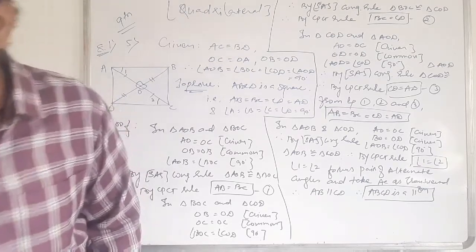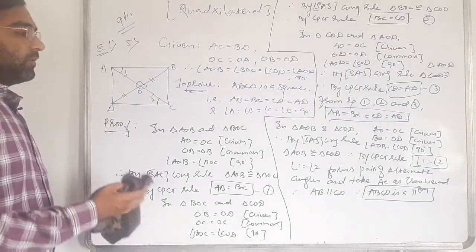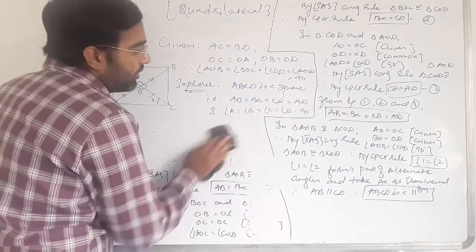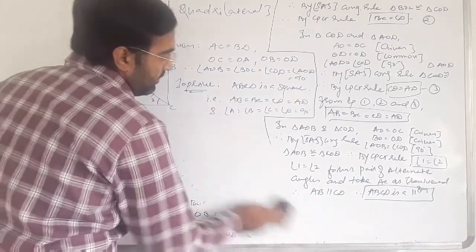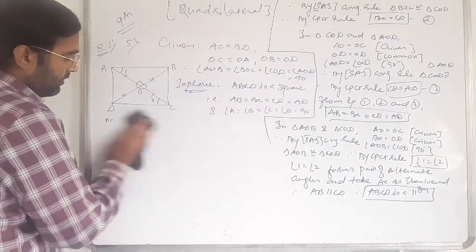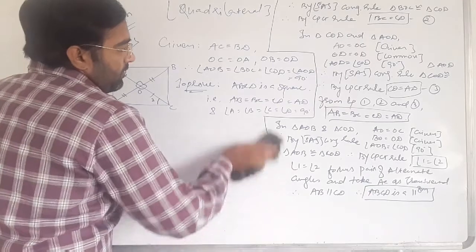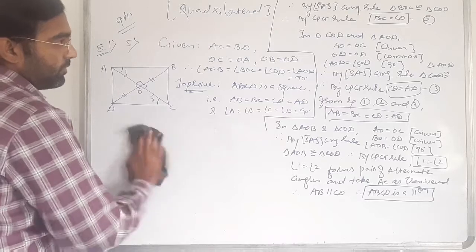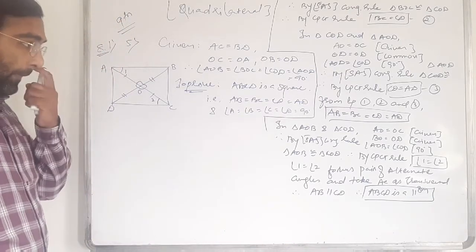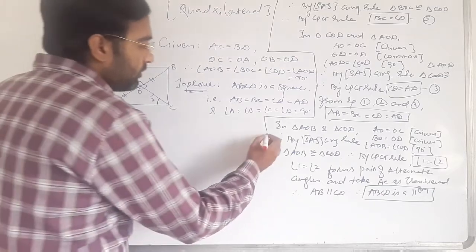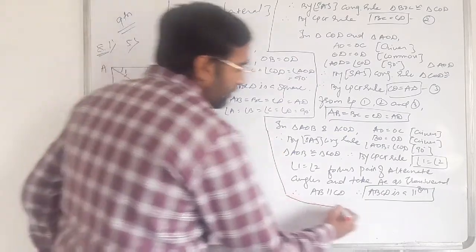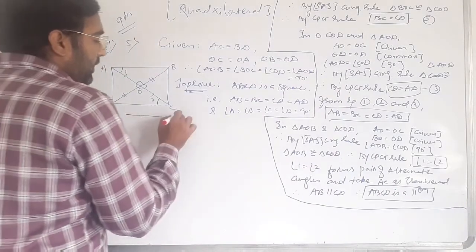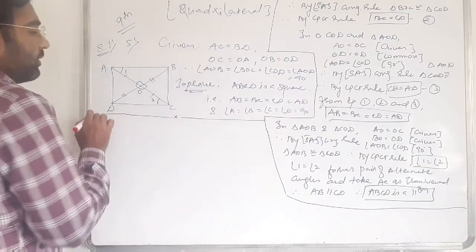Okay, now we move to the second part. For that I'll drop this part of the question. Now I have to prove that all the angles are equal to 90 degrees.